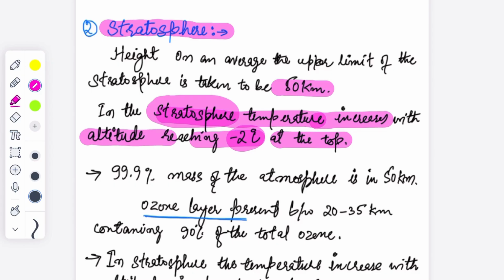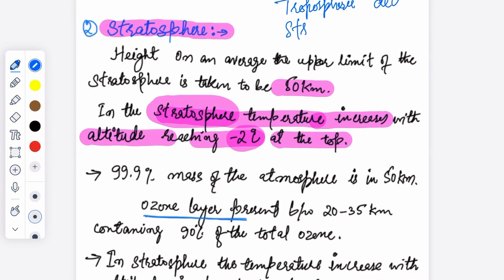So we have an inverse slope in the stratosphere. As you have seen, in the troposphere it was decreasing; in the stratosphere it is increasing, right?